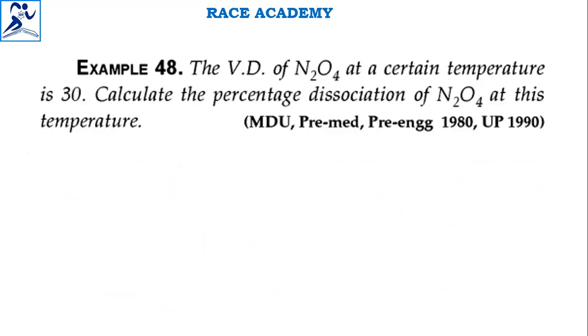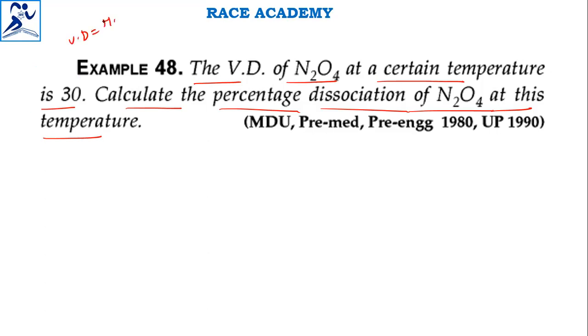The vapor density of N2O4 at a certain temperature is 30. Calculate the percentage dissociation of N2O4 at this temperature. Here we have to take the vapor density and molecular weight relation: vapor density is molecular weight by 2.